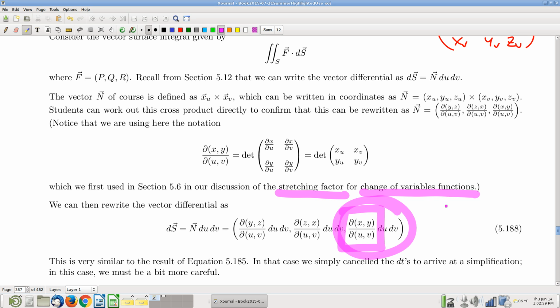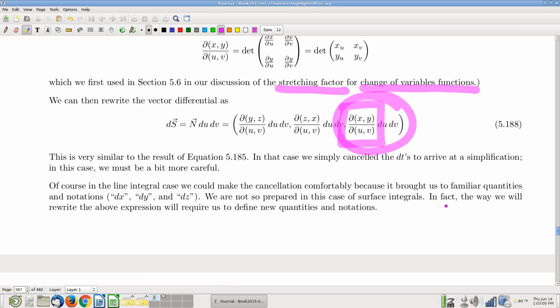Am I doing a change of variables between the uv plane and the xy plane? And the first thing you think is, well, no, I'm not. I've got a piece of surface here. We're not in R2, we're in R3. It feels like we're not doing a change of variables. But in fact, in a way, we kind of are. I claim x and y are functions of u and v.